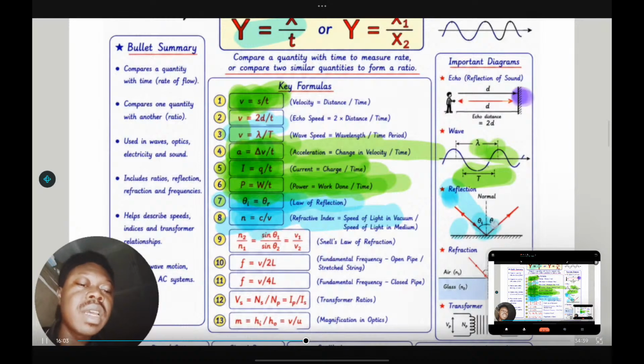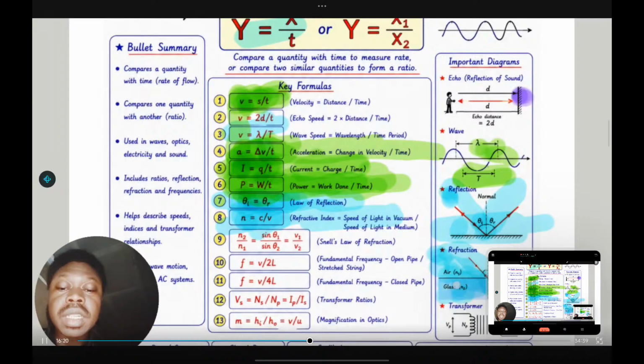The angle of incidence equals the angle of reflection based on light waves. And then for refraction also, we have the first medium, which is air, and the second medium, which is water or glass. Look at the structure now. You can see refractive index equals sine theta 1 over sine theta 2, and this gives you Snell's law, the first and the second law.